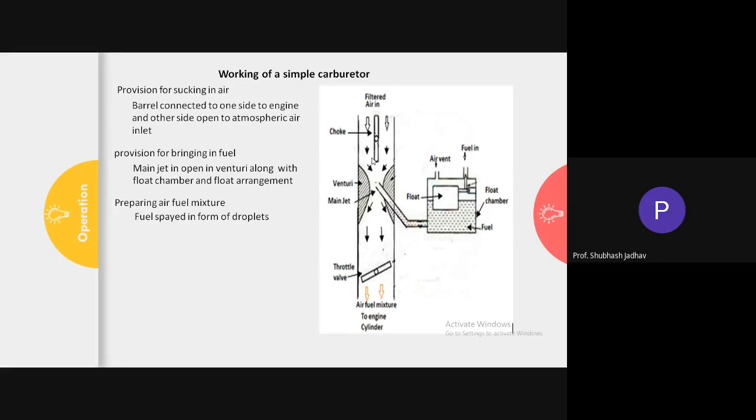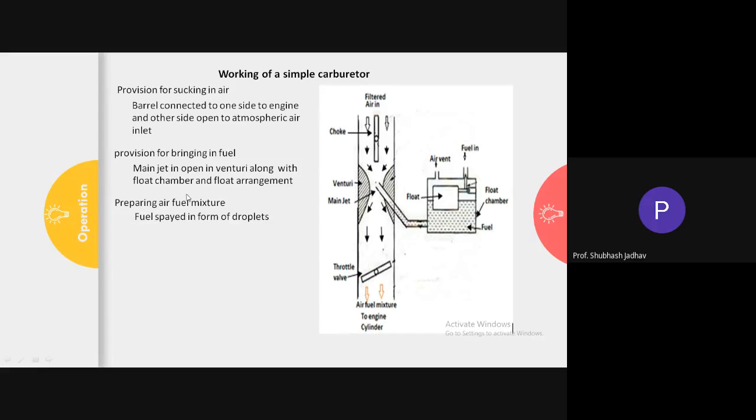If the vaporization is happening during that phase change process, then we call it latent heat of vaporization. So the latent heat of vaporization is being absorbed by the fuel from the air, thereby converting the liquid fuel into vapor. For that, we have sprayed the fuel in the form of droplets. Why?